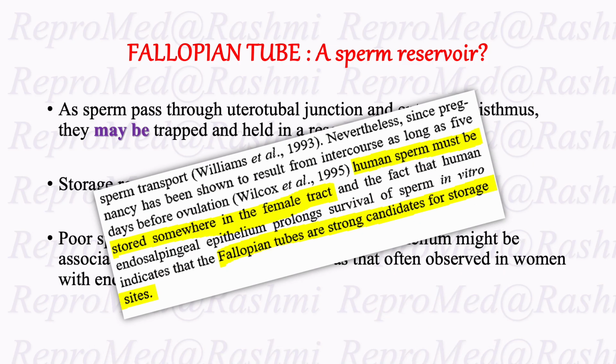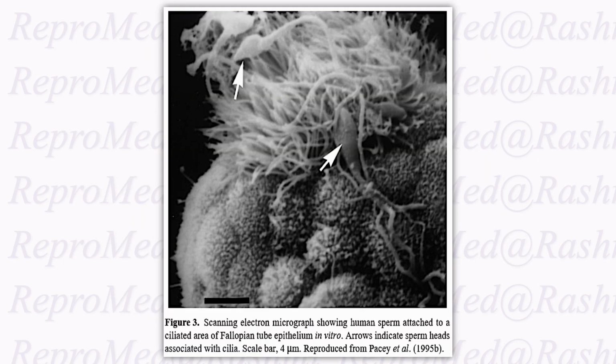So, human sperm must be stored somewhere in the female genital tract, and fallopian tubes are strong candidates for storage sites. We can see here the electron micrograph of the fallopian tubes. Here the arrows are marking the spermatozoa which are attached to the ciliated area of the fallopian tube epithelium.